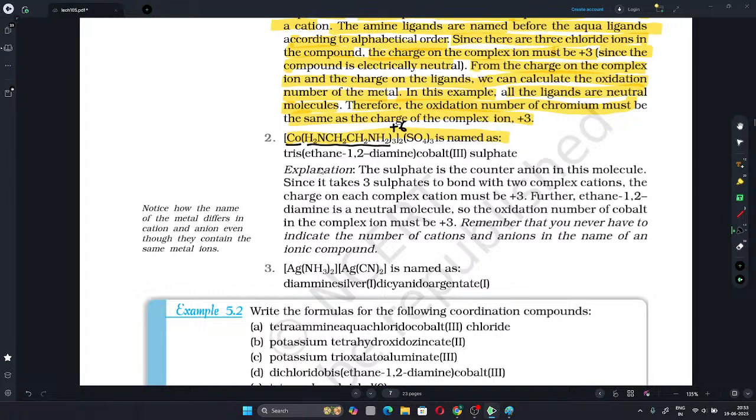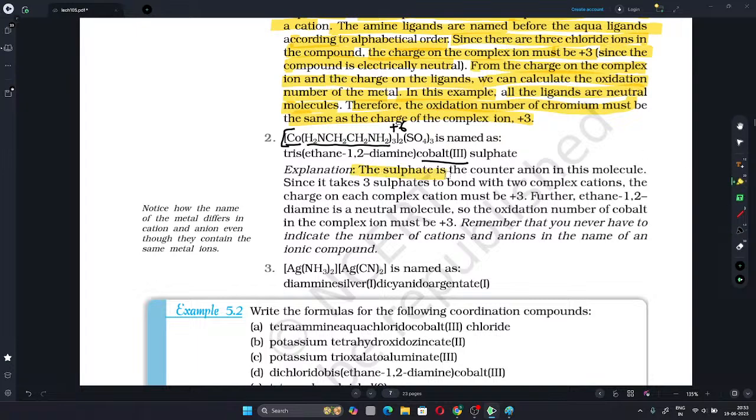How do we represent this? Cobalt(III) is represented like this, and because there are 2 complexes here, there is a 2 here. Anyway, let's continue.